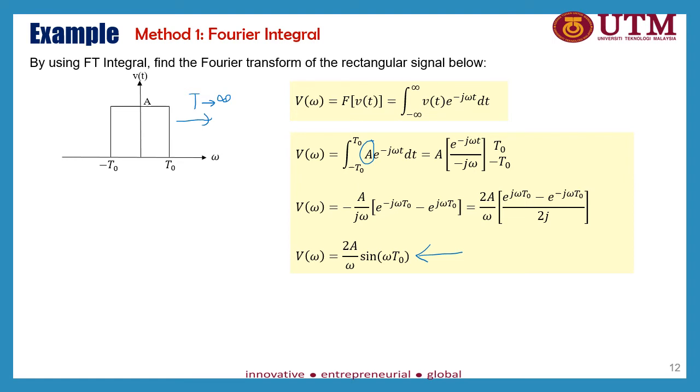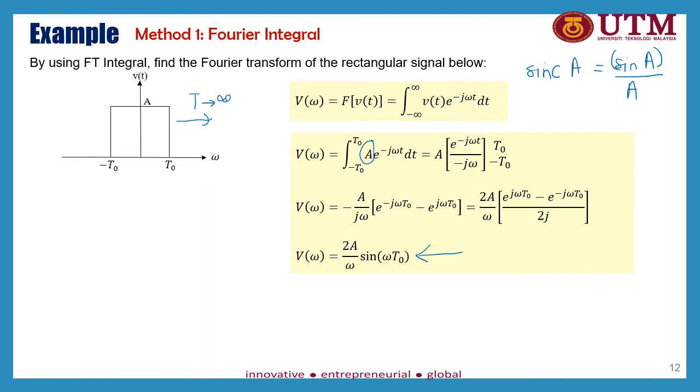However, in Fourier transform, usually the rectangular signal will be transformed into a sinc function. Sinc A, for example, equals sin A divided by A. So in this case, to convert sin into a sinc function, you need sin(omega t0) divided by omega t0.